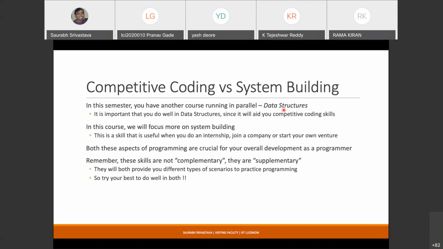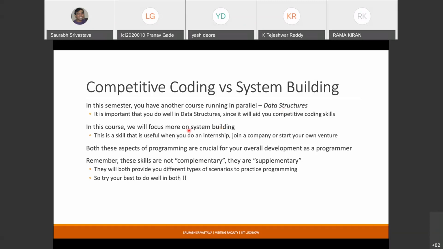I haven't seen your overall curriculum, but there has to be one course on algorithms. So data structures and algorithms, these are the two courses which are absolutely essential from the perspective of getting good placements, because they are going to train you for competitive coding.